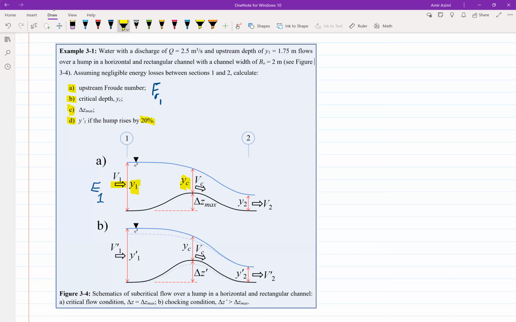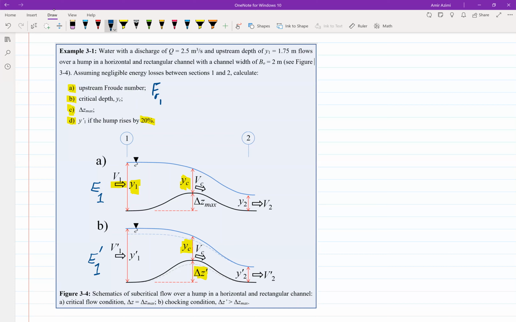So what happens if delta Z max is increased by 20%? When you have higher delta Z, you're going to have a new delta Z, we call it delta Z prime, plus minimum energy due to the critical flow condition, and that gives you a new required energy level, which we call E1 prime.